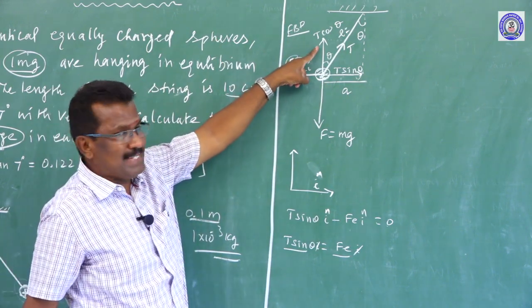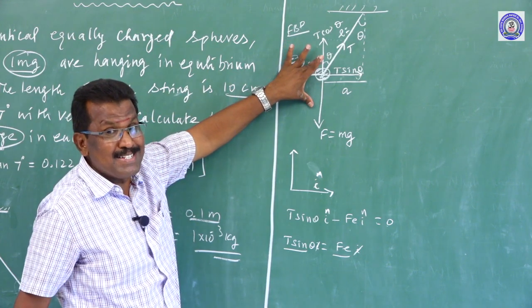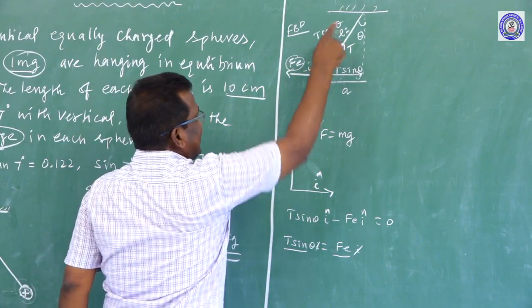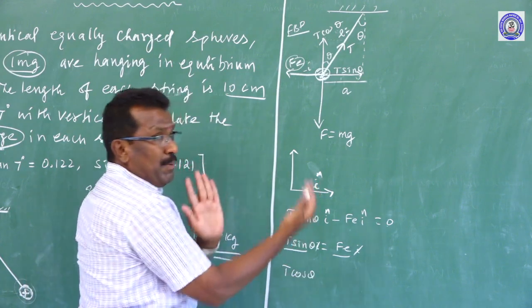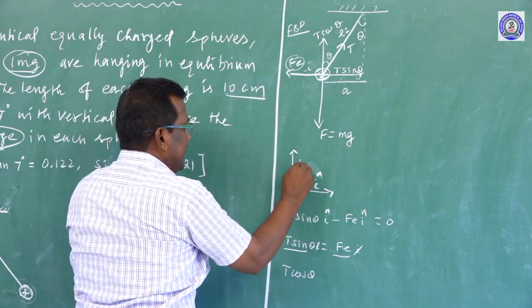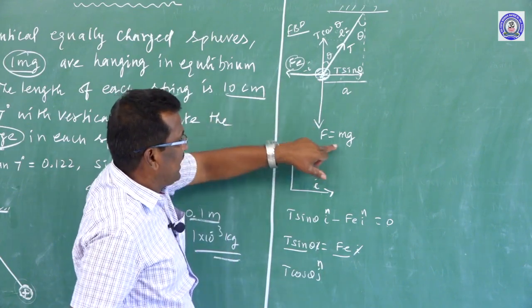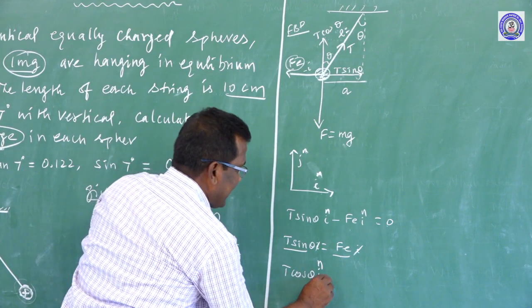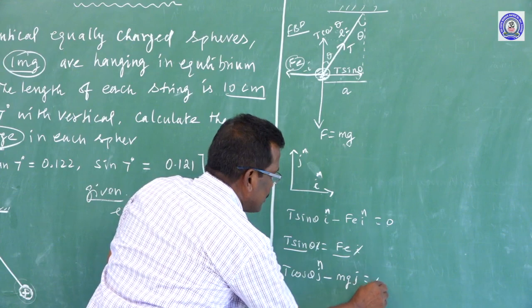Similarly, in the y axis, again the acceleration remains 0, that is the net acceleration becomes 0. T cos theta is acting along the positive y axis, so j cap direction. Now mg is acting in the downward direction, negative y axis, so minus mg j cap is equal to 0.